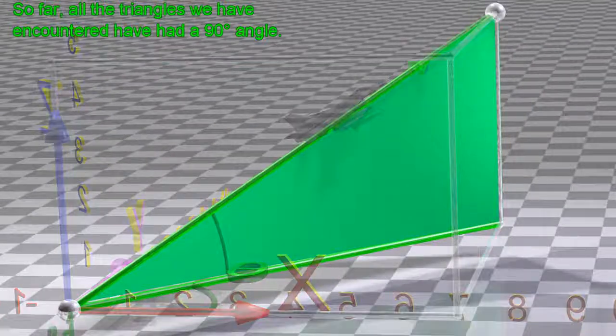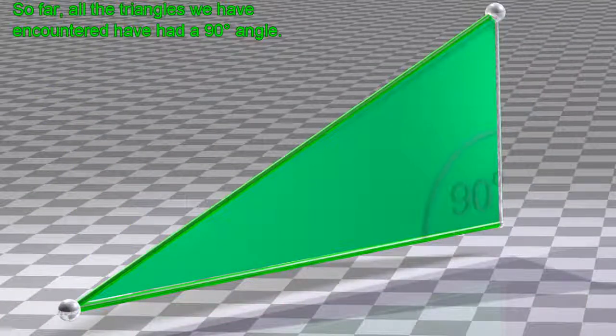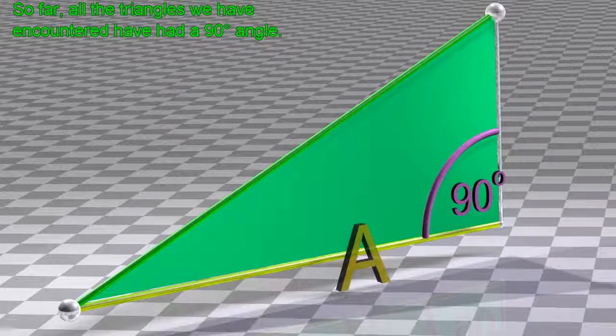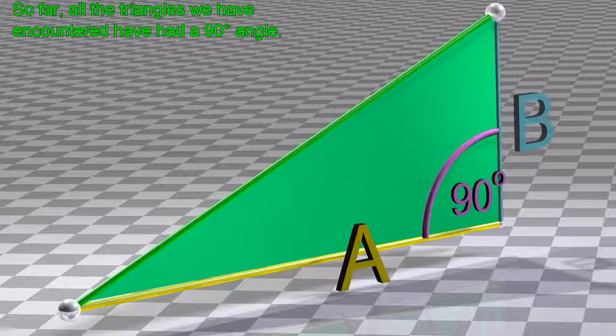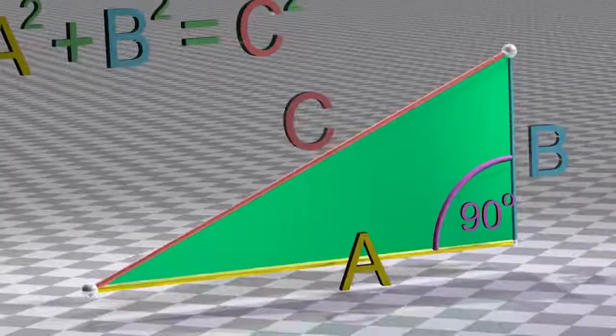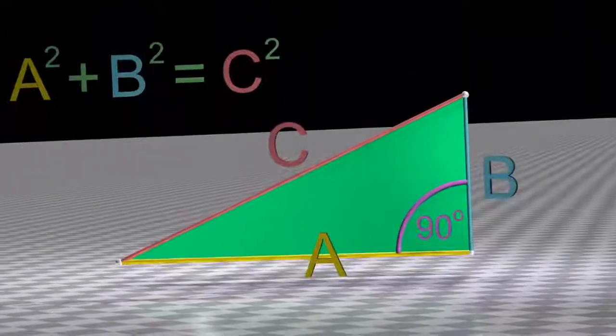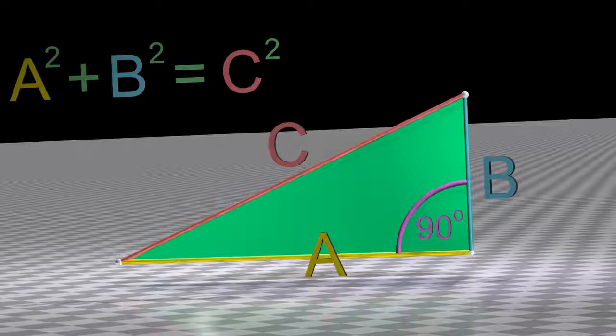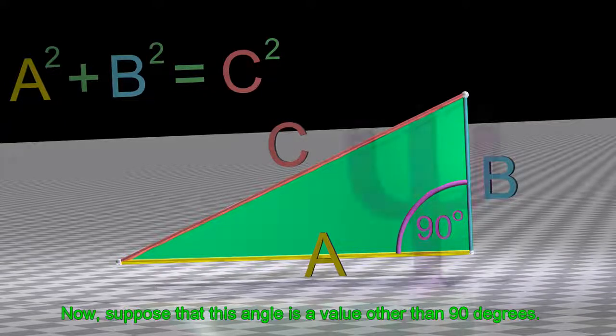So far, all the triangles we have encountered have had a 90-degree angle. Now, suppose that this angle is a value other than 90 degrees.